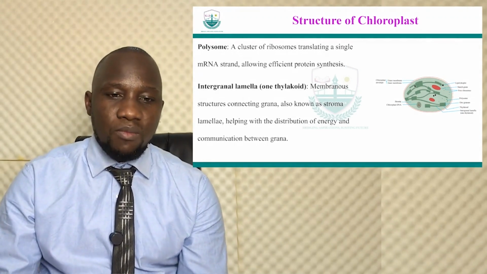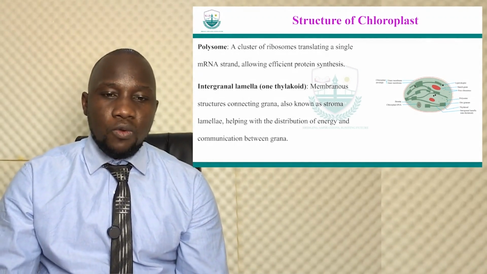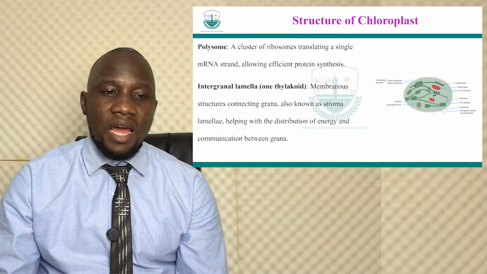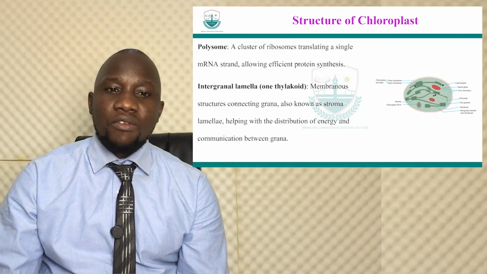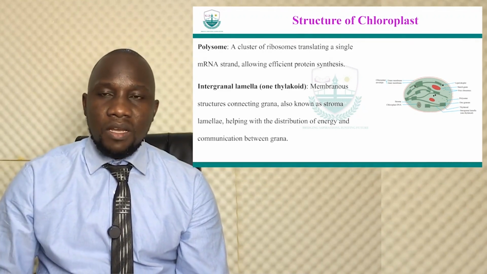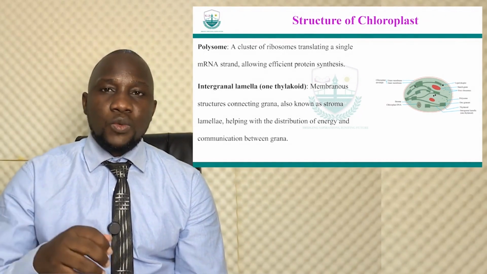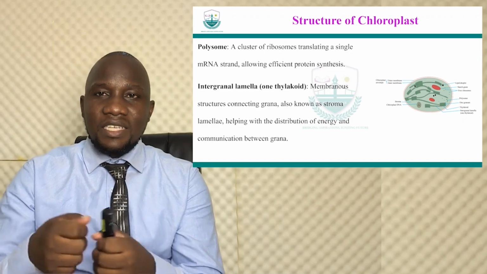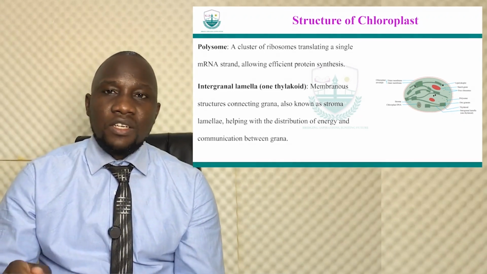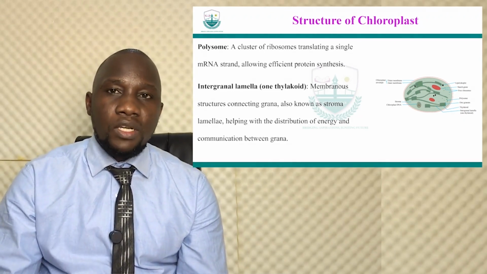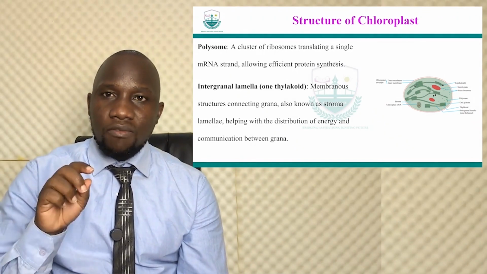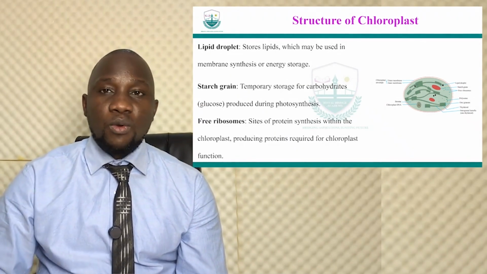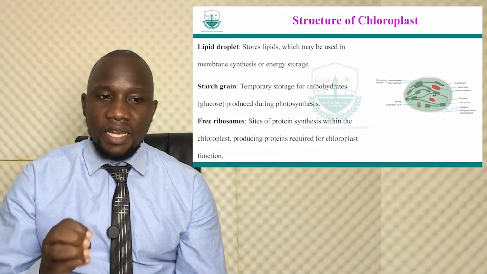Okay, so a cluster of ribosomes translating a single messenger RNA strand, allowing for efficient protein synthesis. When you have ribosomes in groups, that means that they can synthesize proteins actually very fast. So these groups are the ones we call the polysomes. Okay, so we have free ribosomes, and then we also have those that are in clusters.